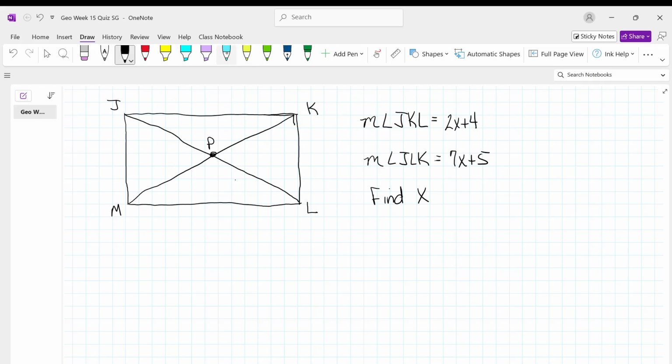All right, so this angle, JKL, starts at J, goes to K, and then back down to L. Well, it's one of the angles in the rectangle. And all of the angles in a rectangle are 90 degrees. So this 2x plus 4 is equal to 90 degrees.